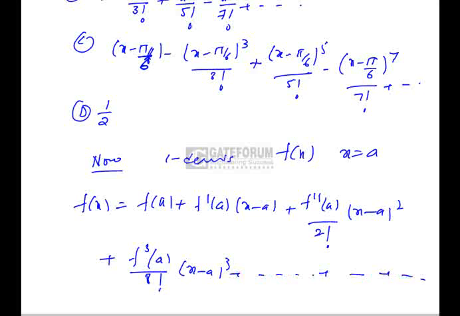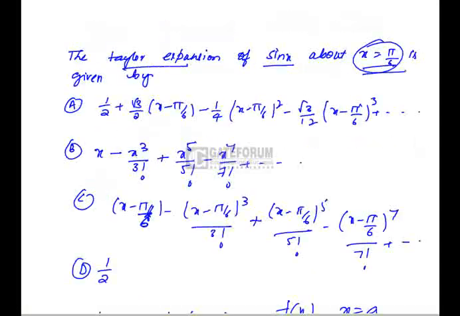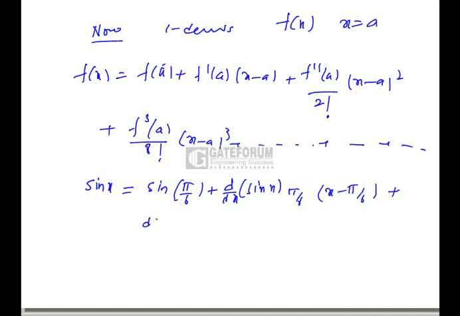Now here we have to find the Taylor expansion of sin x. So the value of f of x is sin x and we know the value of a, which is given as pi by 6. Now sin x will be equal to sin pi by 6 plus differentiation of sin at pi by 6 into x minus pi by 6 plus double differentiation, that is d square by dx square of sin x at x equals pi by 6, into x minus pi by 6 whole square plus so on.